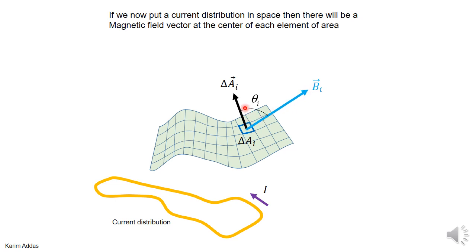And so we define magnetic flux for this particular element of area to be the magnetic field dotted into the area vector for that particular point at the center of this square, which means the magnitude is B times the magnitude of the area times cosine of the angle between them.